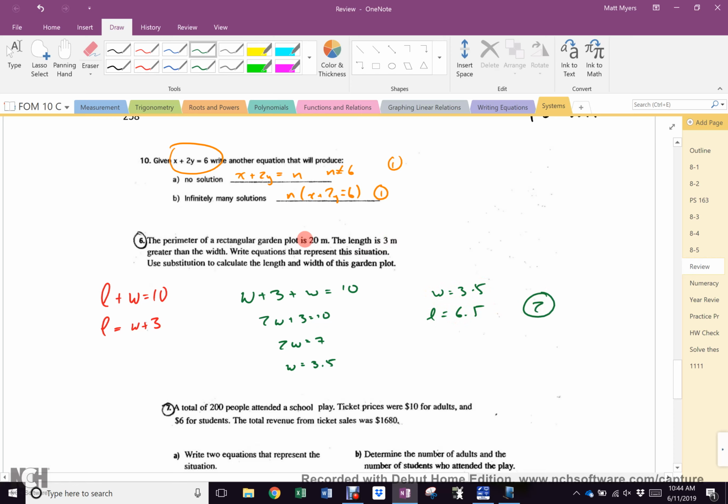Now, if you did the 3W, you got to read more carefully because it makes a difference, doesn't it? In the real world, if your job requires you to take some words and turn it into math and you do it poorly, it's going to have repercussions, isn't it? Right? Read carefully. You all know that 3 greater than 3 is 6.